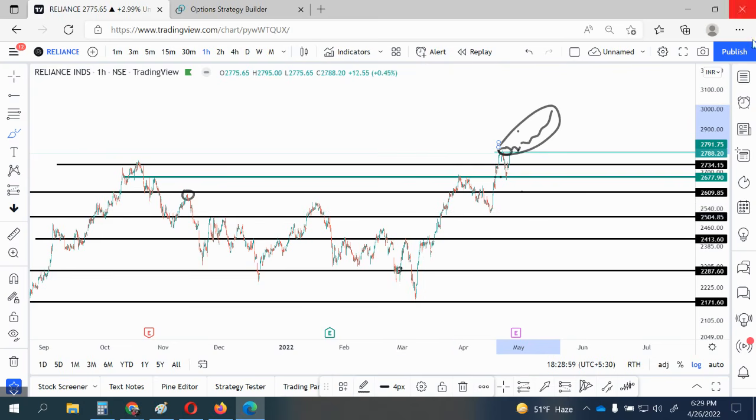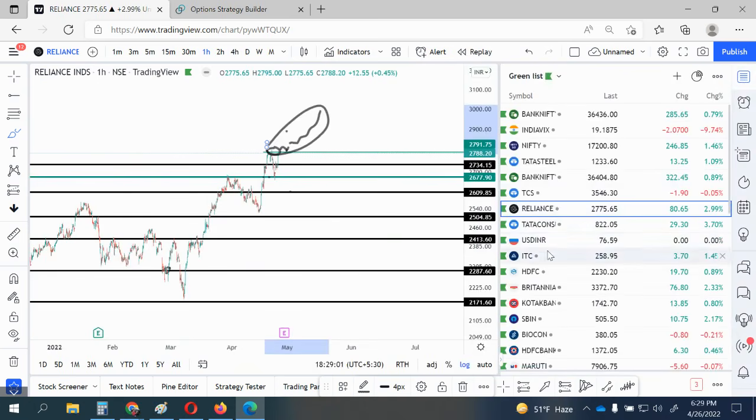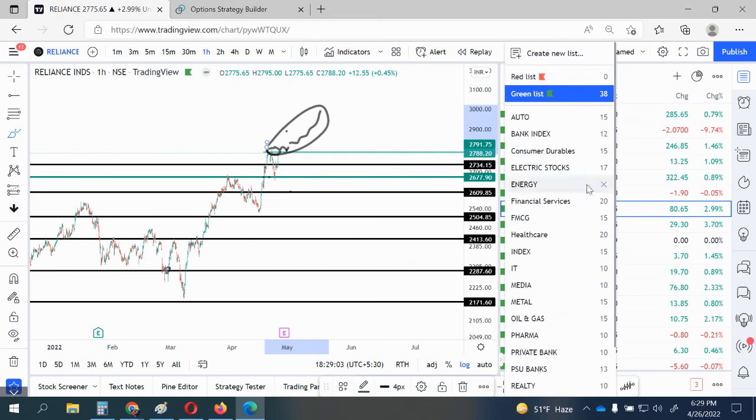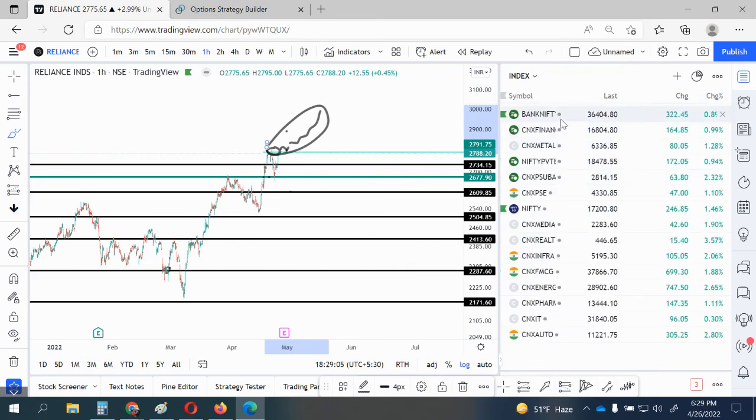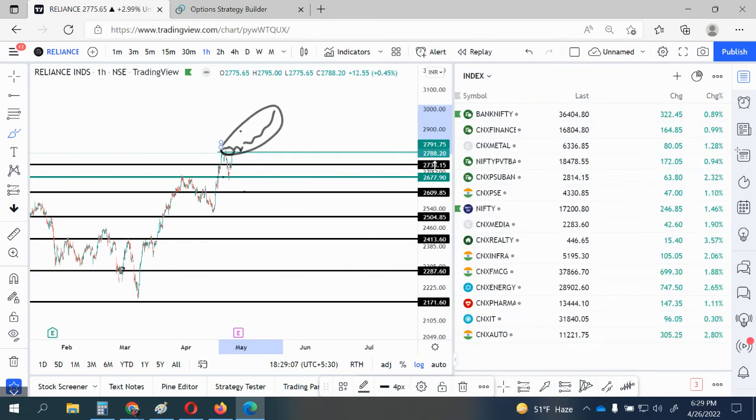We have these 12 sectors: auto, IT, pharma, energy, FMCG, infra, realty, media, and metal.